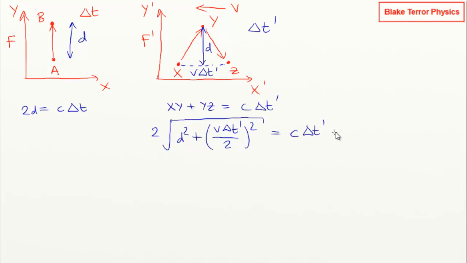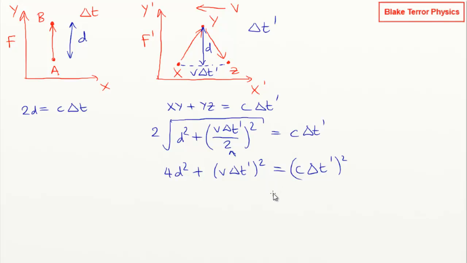So I'm going to continue with this one here on the right, square both sides, so we get 4d squared plus, and this 2 on the outside of the square root, when we square that, it's then going to cancel with this 2 here, so that's all going to go away. So we get v delta t prime all squared is equal to c delta t prime all squared.